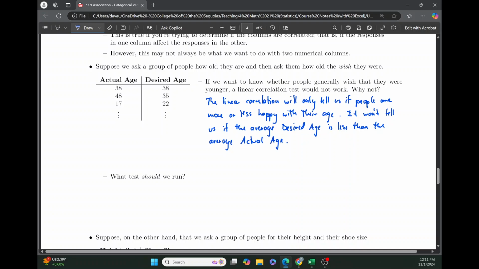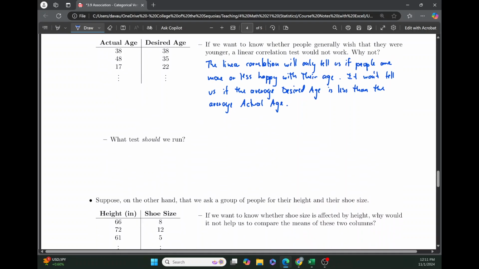So if our goal is to determine whether people generally wish that they were younger than they are, what test should we run? Well, what we would want to do is compare the average actual age versus the average desired age. If the average desired age is like 5 years less than the average actual age, then we would conclude that, yeah, people tend to wish that they were younger than they actually are.